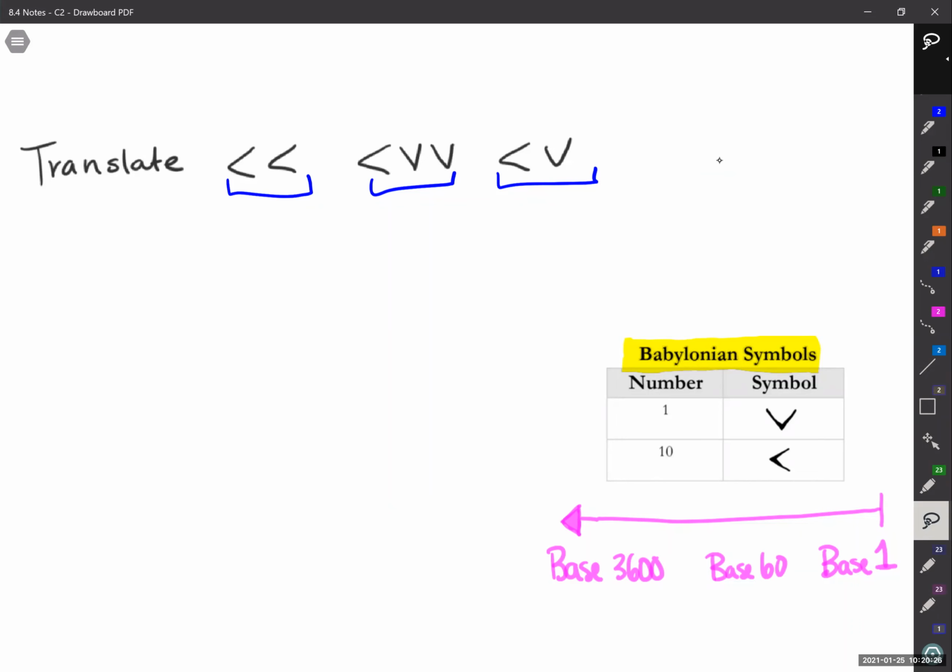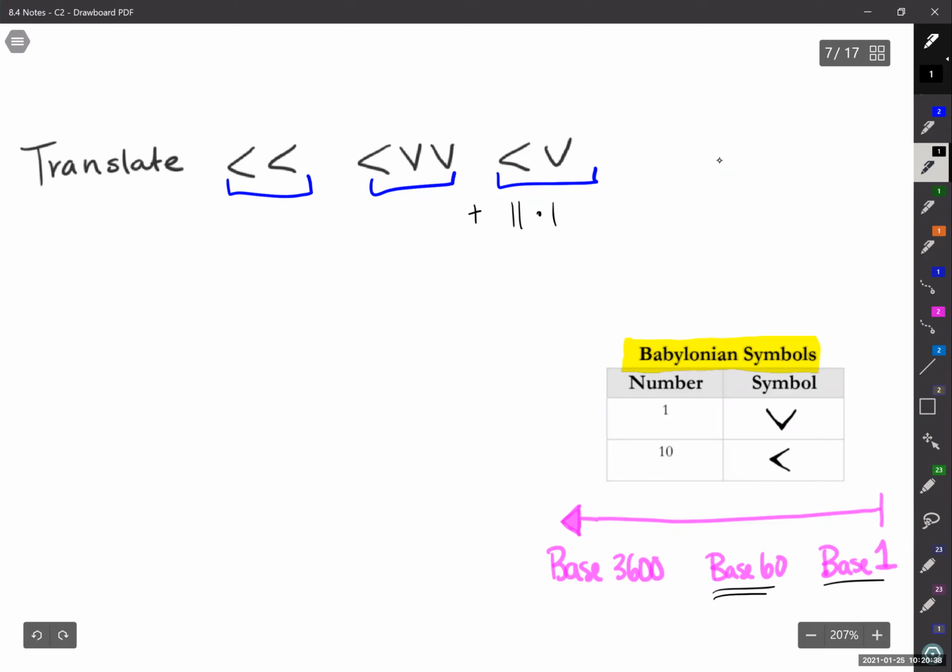So for this, we've got three bases. Our farthest one to the right represents base 1. And this is a symbol 10, 11 times 1 plus in base 60, the second from the right, we've got the symbol 10 and then 2 1s, so that's 12 times 60 plus finally in our third base, we've got 3600 and it appears 2 times because you've got the symbol for 2 represented, so 2 times 3600.